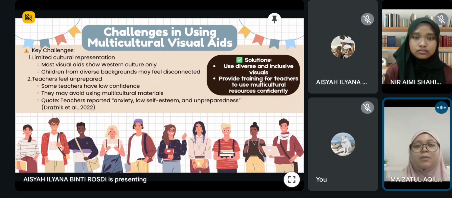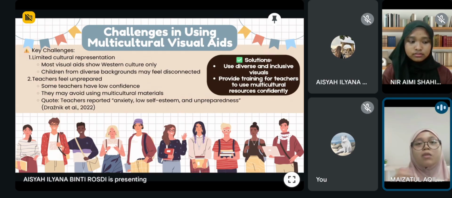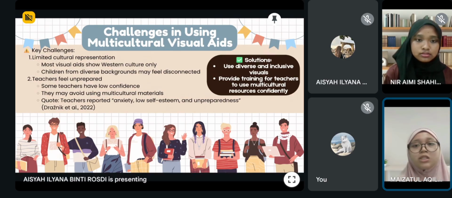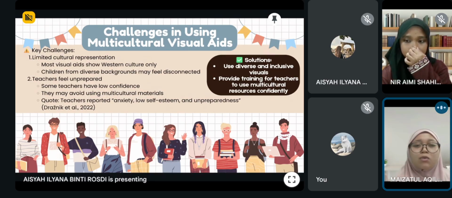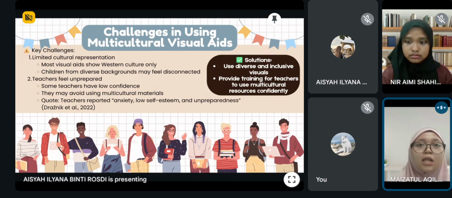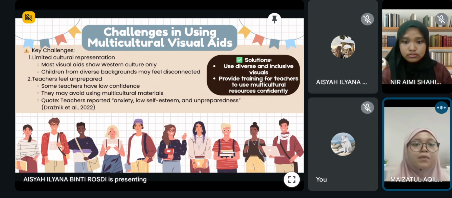This can be a problem because not all children come from those backgrounds. When children do not see their own culture, language, or daily life in the classroom materials, they may feel left out or disconnected. It also becomes harder for them to relate to the concept or stay interested.